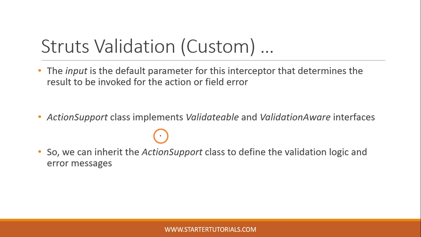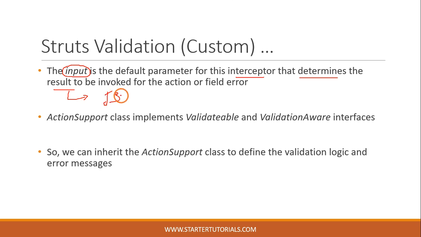Now the next thing is, for the interceptor there is a default parameter called input. This input parameter is going to determine which result should be invoked. That means the result is actually a JSP page.